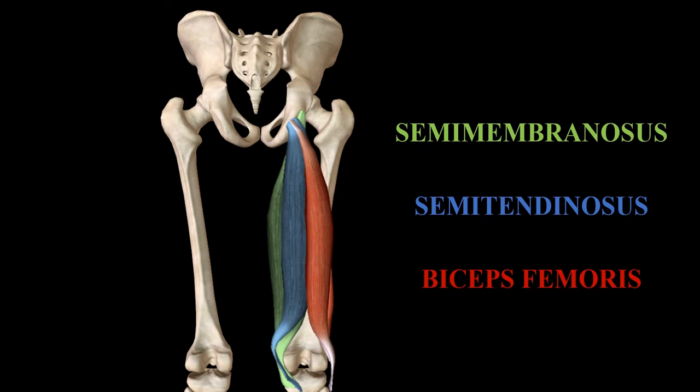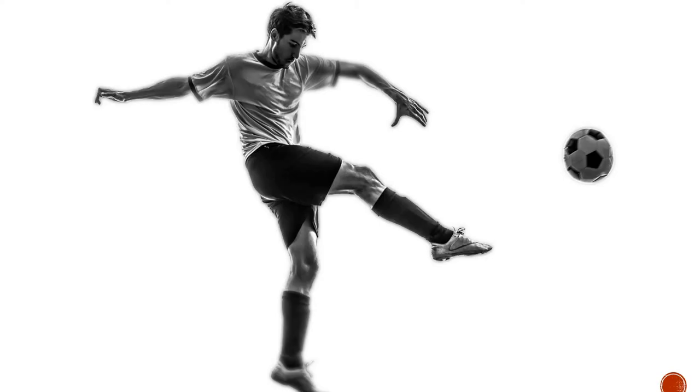It doesn't actually cross it, but nonetheless it does exert an extensor force and moment, I should say, over the hip. Despite the fact it doesn't actually cross it, it still acts as a hip extensor, but it's a weak hip extensor, and that's why, because it doesn't actually cross the joint.